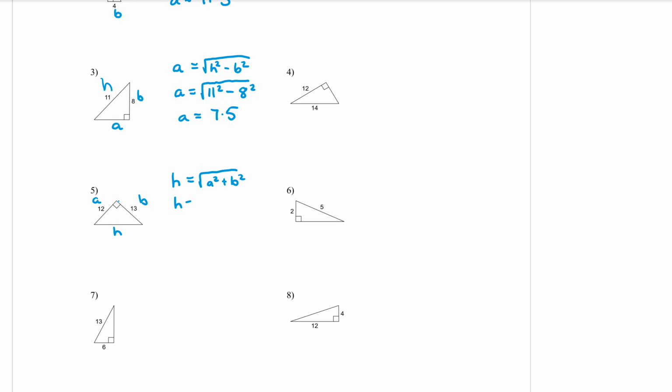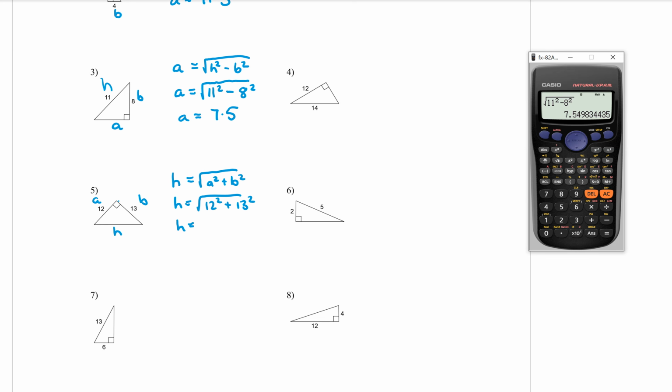Substituting in the numbers, A is 12, so 12 squared plus B squared, which is 13 squared. And into the calculator, we have 12 squared plus 13 squared. To 1 decimal place, because we have that 9 following our 6, it makes 17.7.